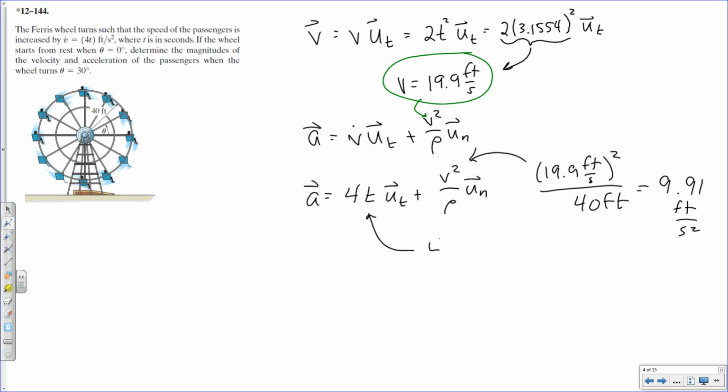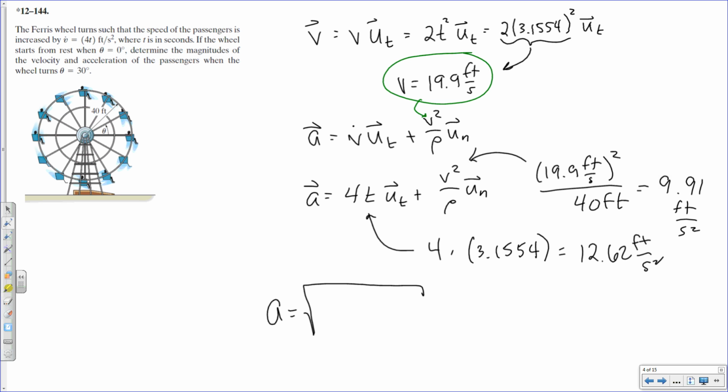4t is simply 4 times the period of time, 3.1554, and this turns out to be 12.62 feet per second squared. The magnitude of the acceleration is the square root of the normal component squared plus the tangential component squared.